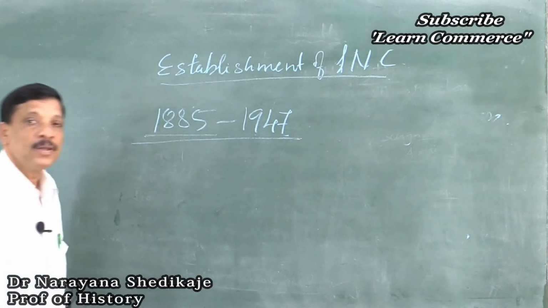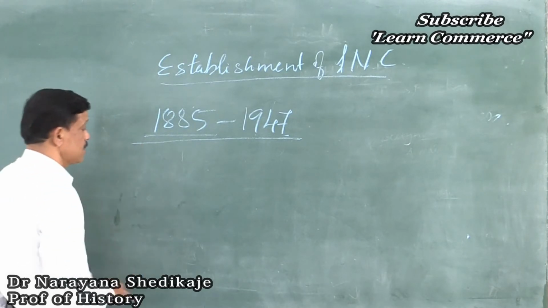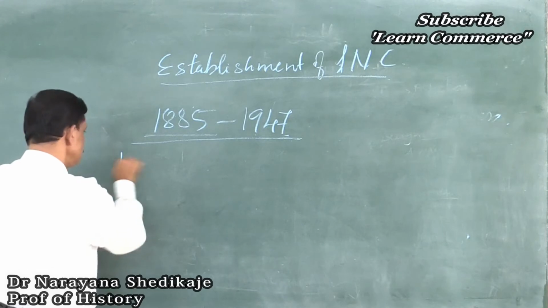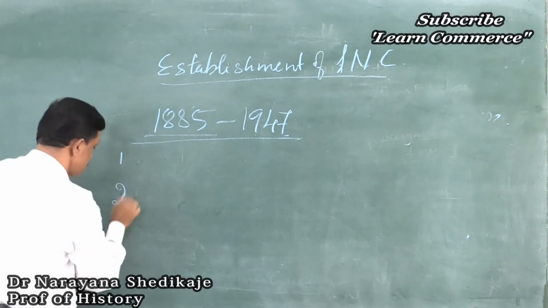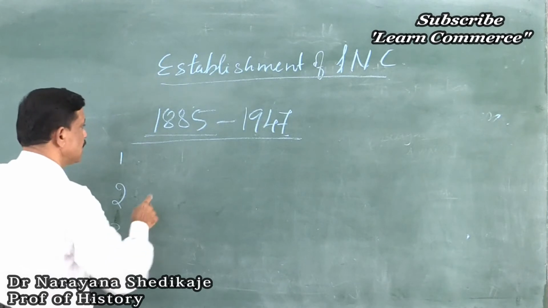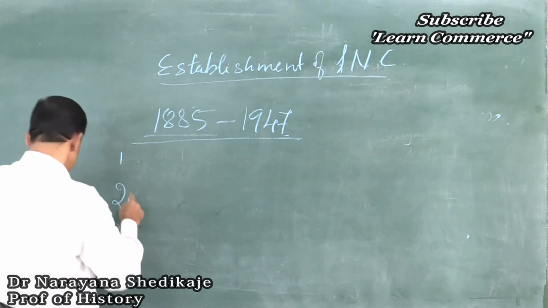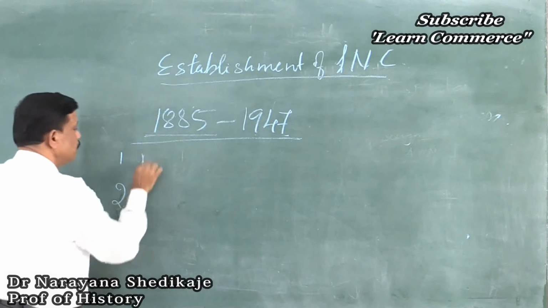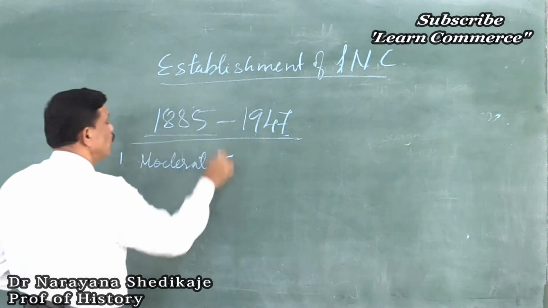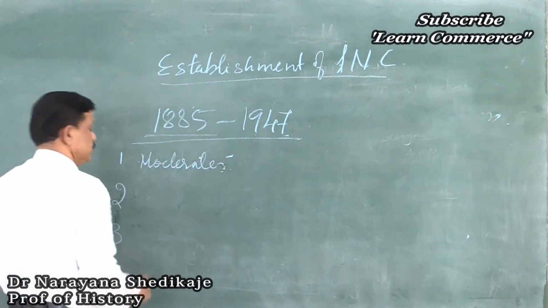This movement has a first stage, second stage and third stage. The first stage is the moderate period, the moderate movement.